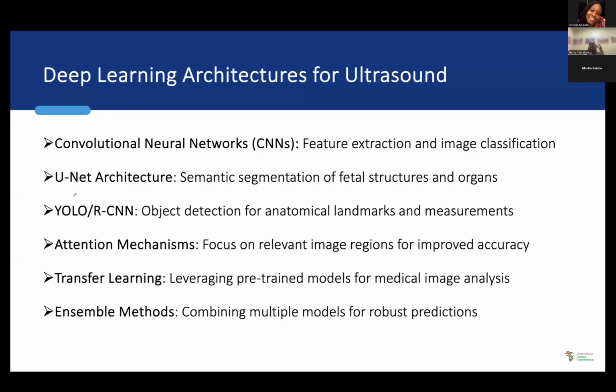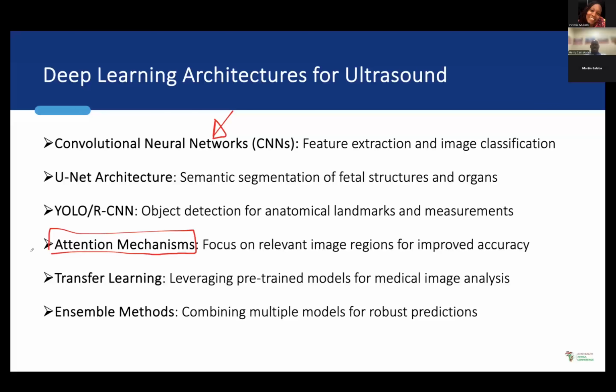If the size of the data set is small, it's better you opt for convolutional neural networks. But if the size of the data set, in terms of the number of images that you're having, is big, you can opt for the attention mechanism, which is represented by the vision transformers.